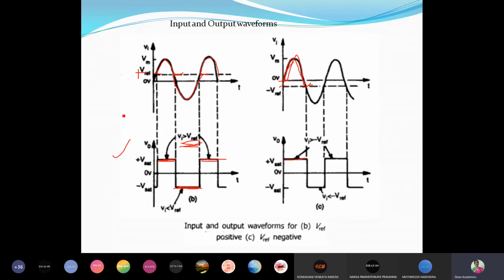The transistor will be able to withstand some voltage only, and above that it will show saturation. Therefore, the output will be at plus Vsat or at minus Vsat only because of the open loop configuration. Now, if the input voltage is greater than the reference, it will be at plus Vsat, less than that, minus Vsat. Okay. So, shall I move forward? Yes, ma'am. Okay.